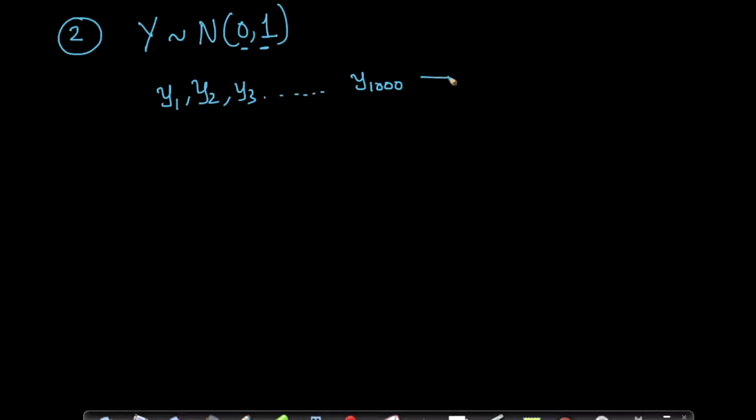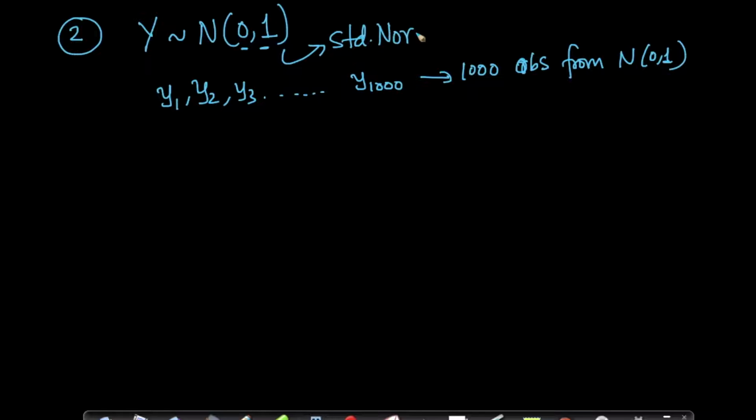These are 1000 observations from a standard Gaussian distribution. This is nothing but your standard normal distribution.